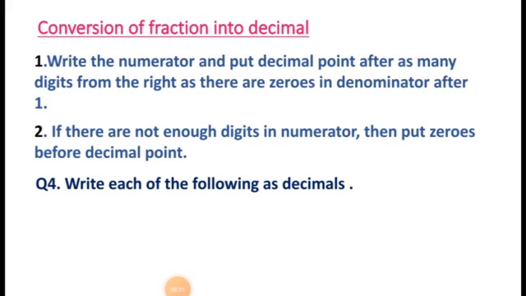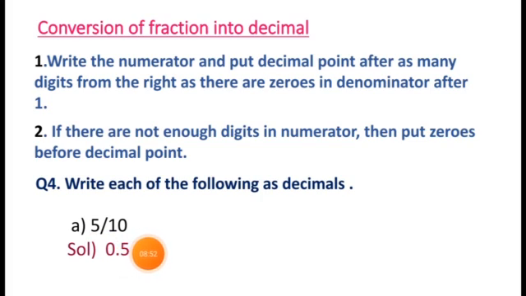Now let us understand this by taking help of question number 4, where we have to write each of the following as decimals. So here is the first question, that is 5 upon 10. As per the rule, first we have written the numerator as it is.